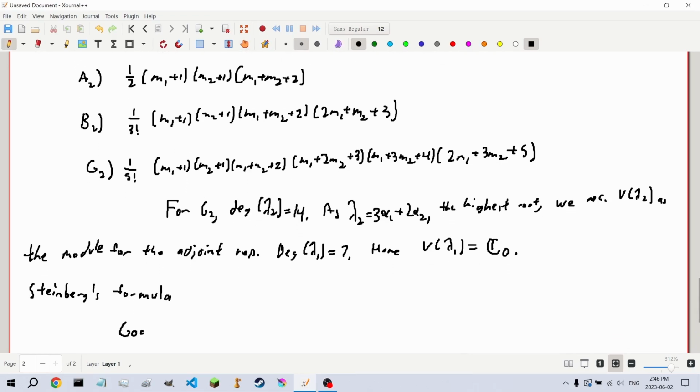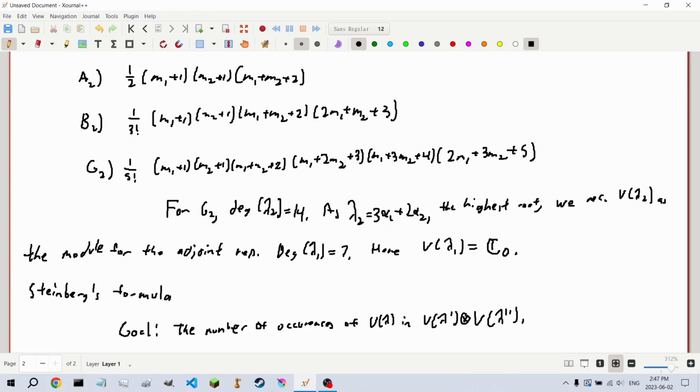All right, here, the goal is the number of occurrences of V lambda in V lambda prime tensor V lambda double prime.